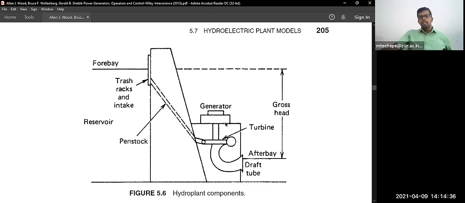Because they can easily carry these machines, the generators, turbines, shafts, and many mechanical components. So if they want to replace generators and shafts, they can do it easily. One crane also will be there. So they can easily take that generator and place it wherever they want.